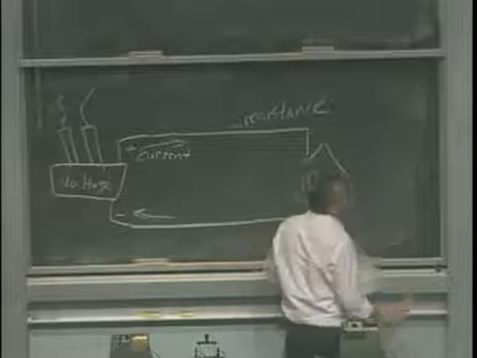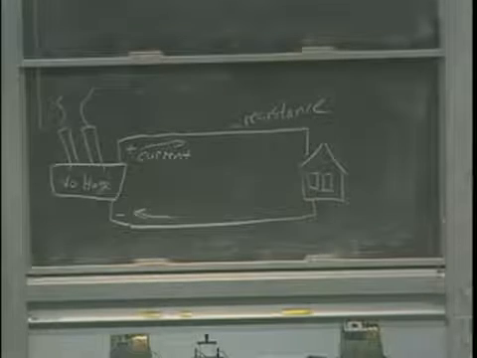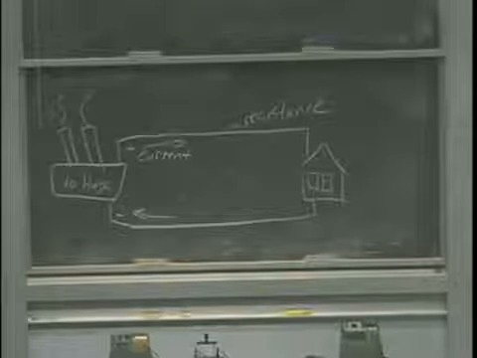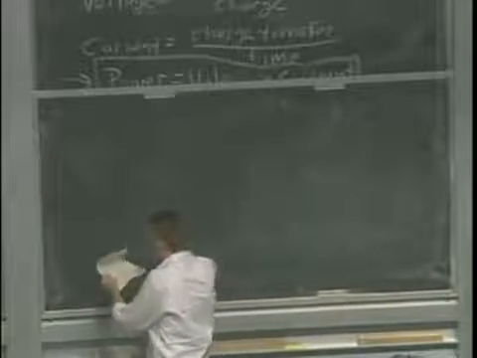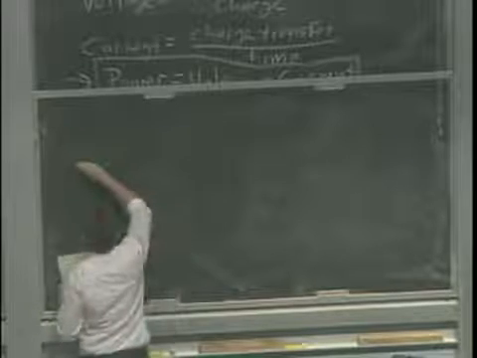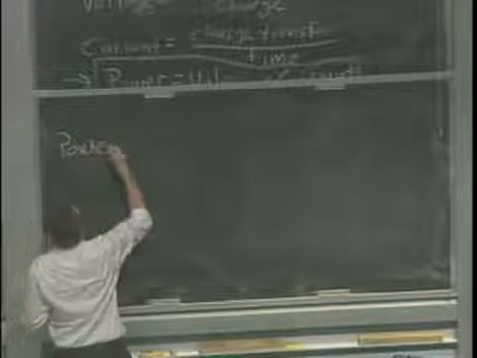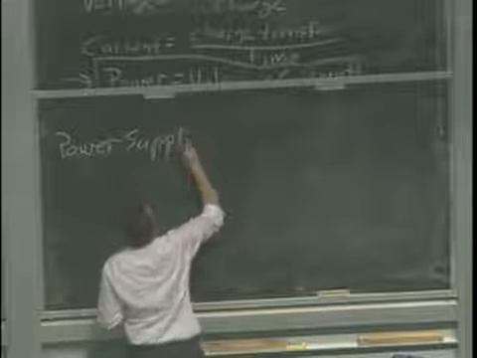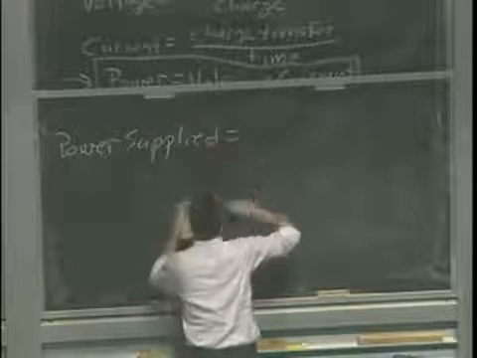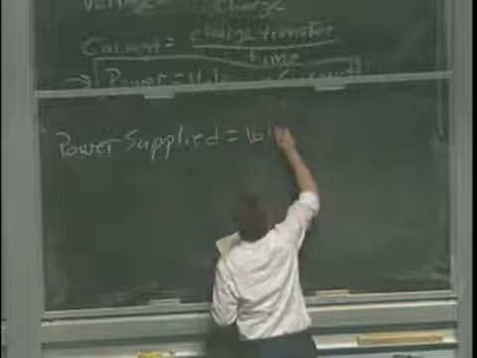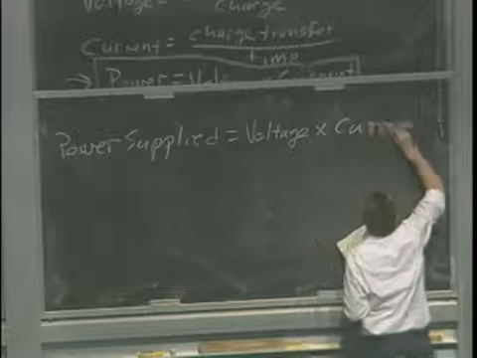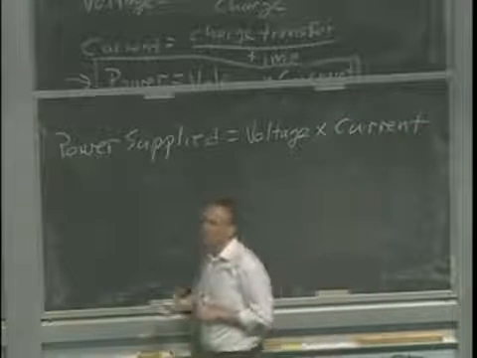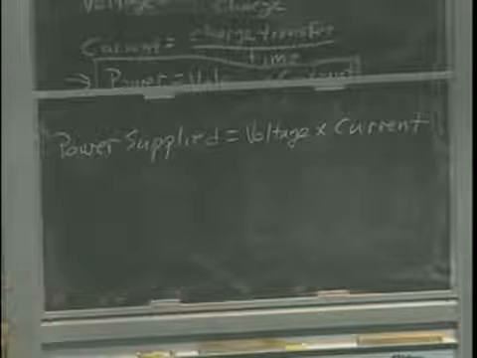Okay, so let's just do some very simple calculations here. So remember that the power supplied is equal to the voltage of that power plant times the current that it's providing. So here I'm talking about the amount of power that's being delivered by the plant itself.